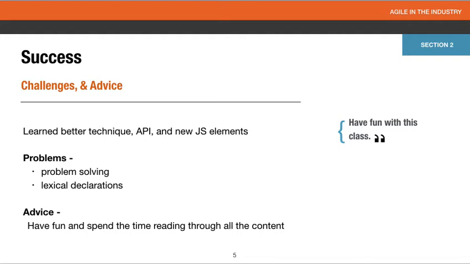I was running into stuff like crazy where even when I had stuff placed correctly, it was telling me that I couldn't use a lexical declaration prior to it being initiated. And that was so confusing to me because I knew the order I had done it in and I thought I had done it correctly. And it turned out it had a lot to do with the fetch element. And that was a really big problem to overcome. I got really frustrated, but ultimately it's a fun thing when you solve those.